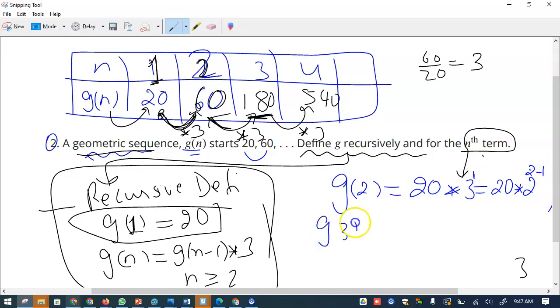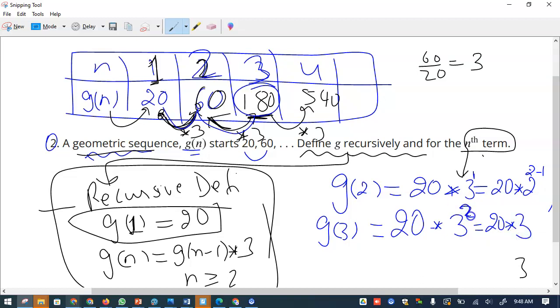If it is g of 3, then it is 20 in the beginning. So how did we get this 180? Because you are multiplying by 3 twice. So it is like 3 squared, which is also the same as 3 times, instead of 2, I can write it as 3 minus 1. The goal is to understand that if this is 3, then this is 3 minus 1.